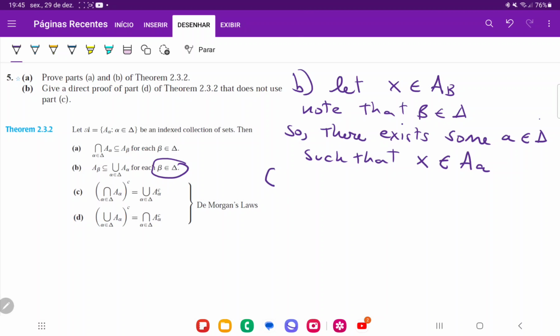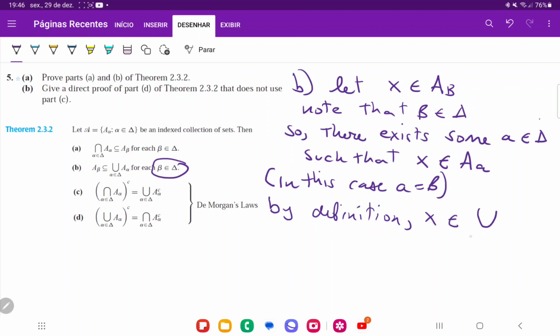And I'll just put a parenthesis. This is not necessary for the proof, but just so that you understand: if X belongs to A sub beta, it means that beta belongs to the set of indexes. So then there exists some index such that X belongs to A of that index. And so by definition, X belongs to the union of A sub alpha over alpha in delta.